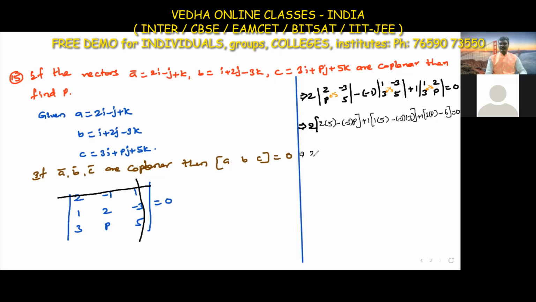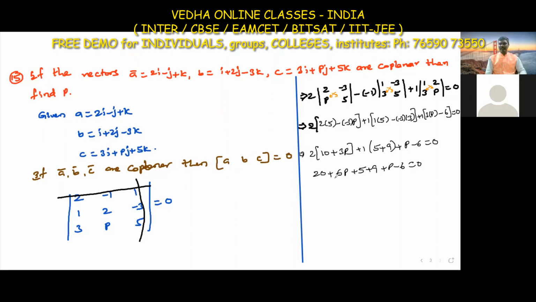Now this implies 2 into 2 fives are 10 minus the minus plus 3p, and plus 1 into 1 five is 5 minus the minus plus 3 threes are 9, plus 1p minus 6 is equal to 0. 2 into 10 is 20, 2 threes are 6, 6p plus 5 plus 9 plus p minus 6 is equal to 0.